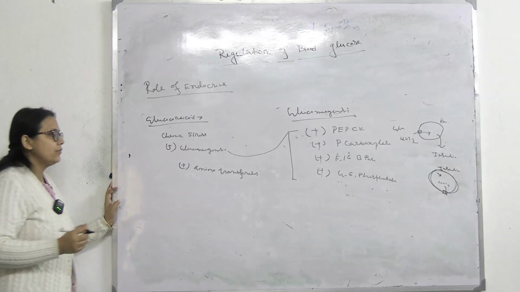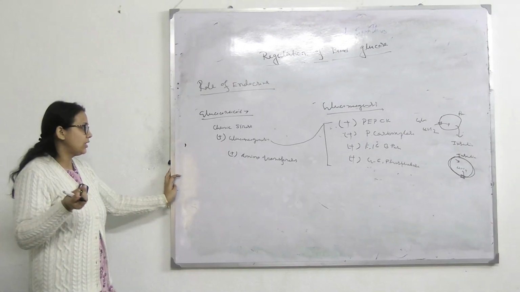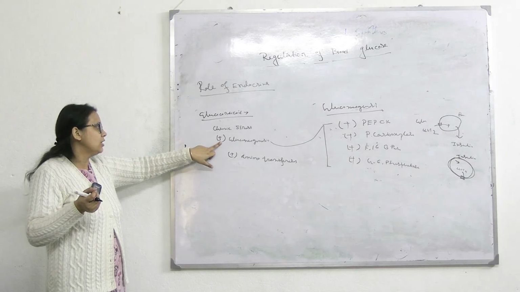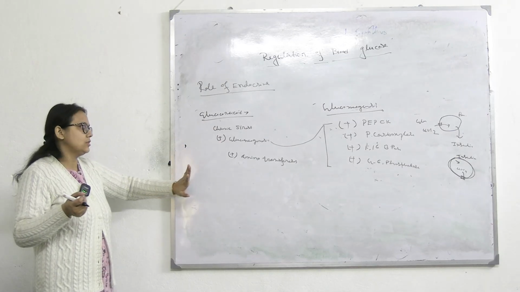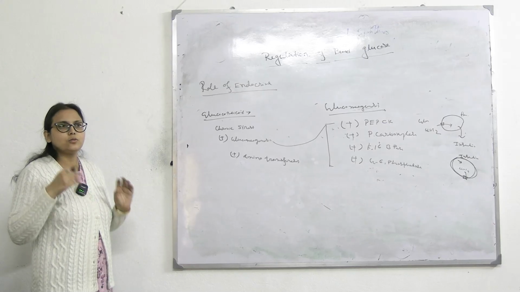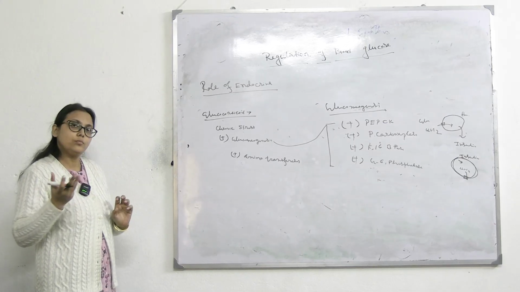Aminotransferases help to release amino acids, so that these amino acids can participate in gluconeogenesis. So the main effect is over gluconeogenesis. By helping gluconeogenesis, glucocorticoid helps to increase the level of blood glucose.